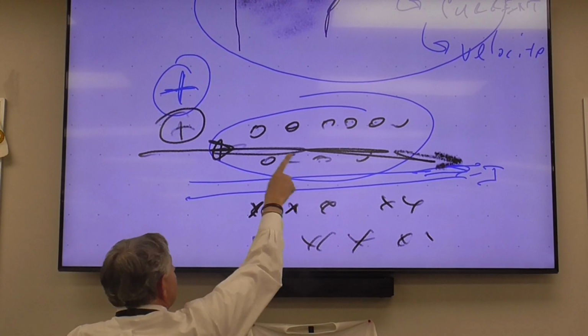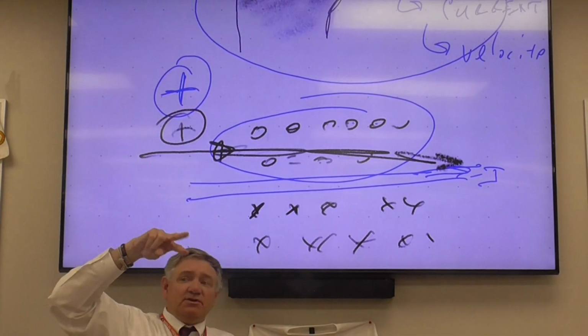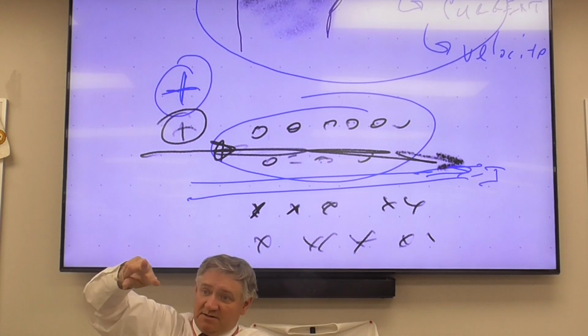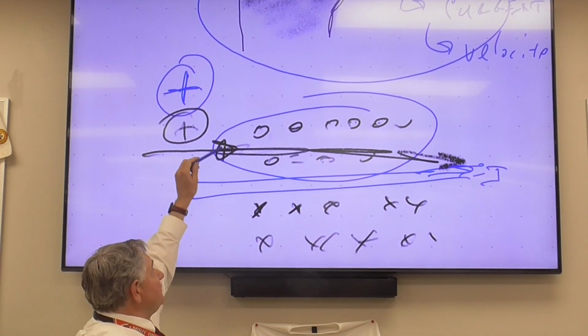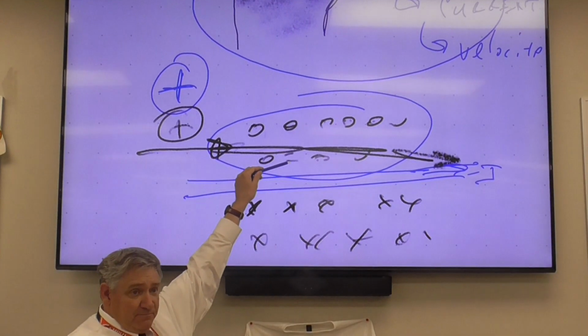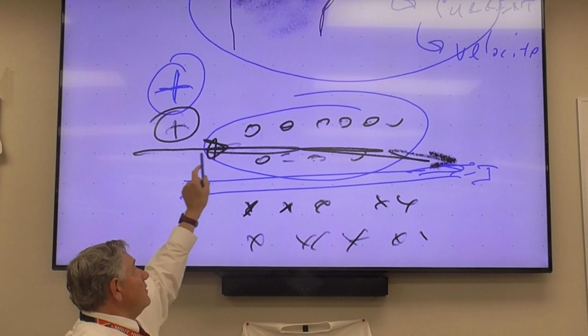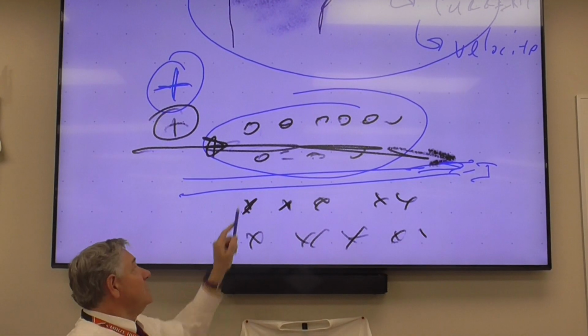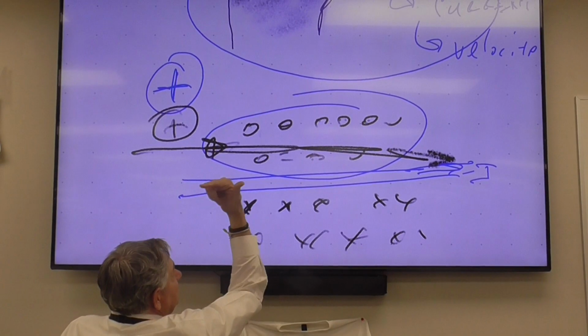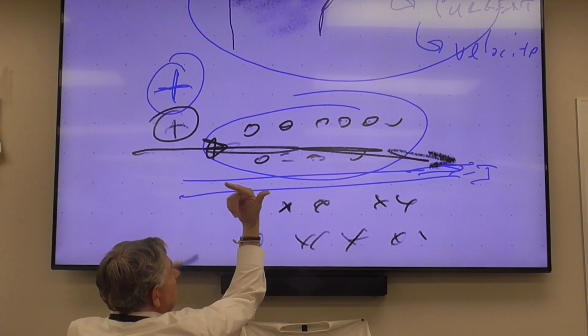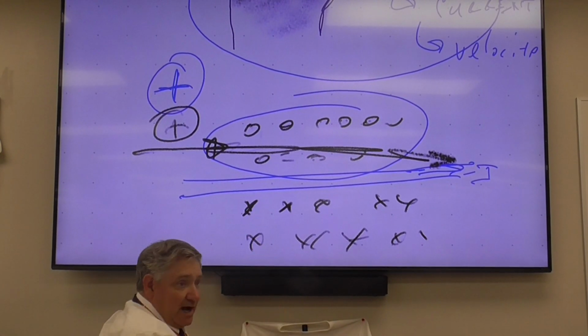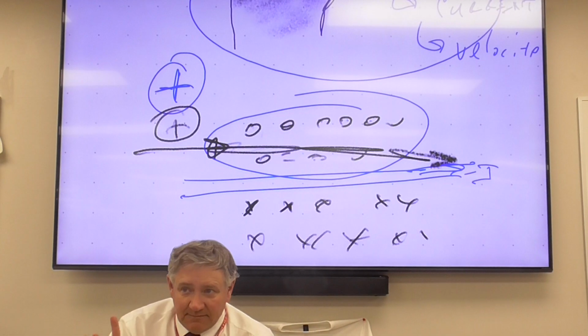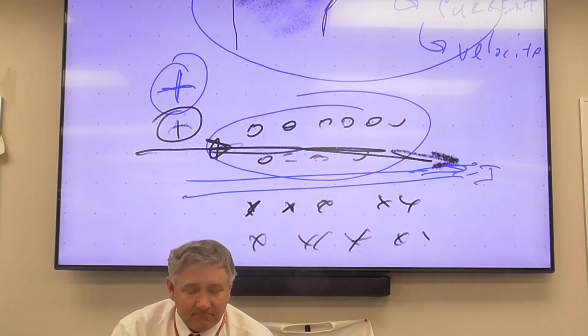Current's going this way, so this is where you have to use the right-hand rule twice. The first rule is you figure out the direction of the field. Then you have the particle going in this direction. The magnetic field is coming out of the page. These fingers point down. Got it. Also this. Okay?